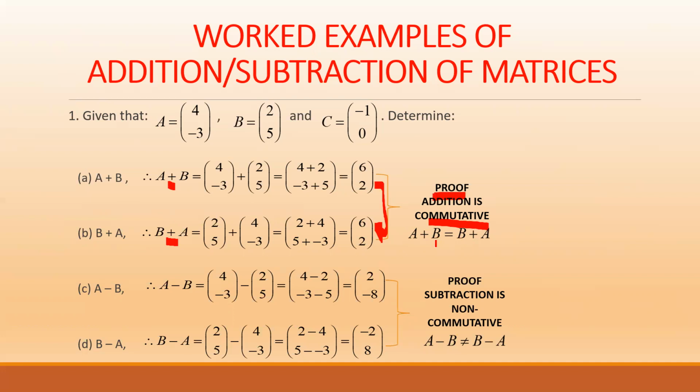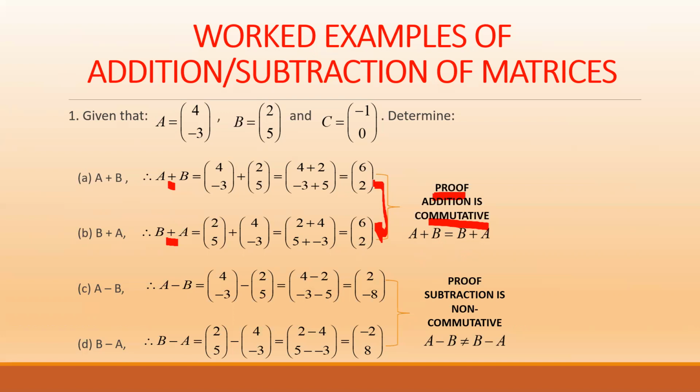The property of commutativity of addition of matrices is basically saying if you're adding two matrices, you'll get the same answer if you add the last one to the first one. Pretty much. Okay, guys?